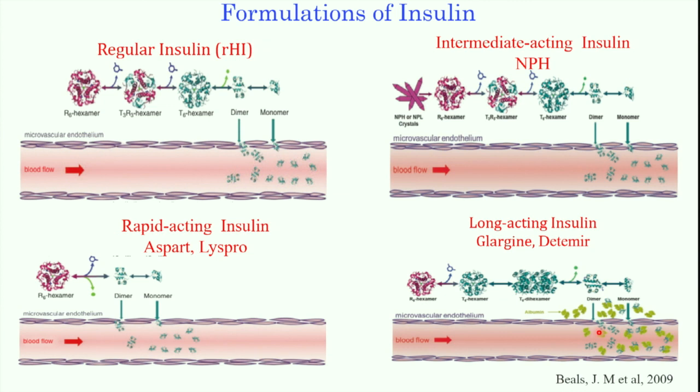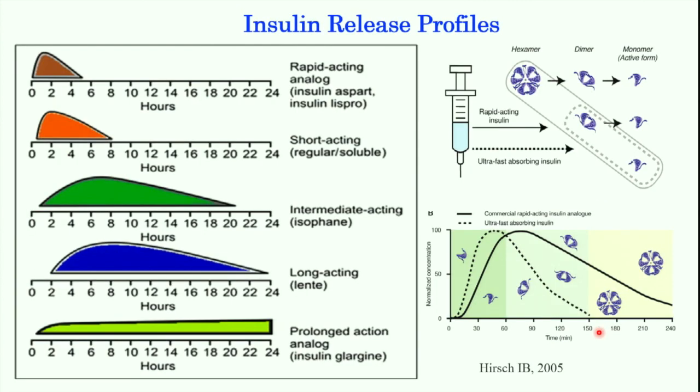So depending upon the requirement of a person, insulins are formulated differently, because upon formulation you have a different release profile. Like Aspart and Lispro actually pick up very fast and then they last for 4 to 6 hours, whereas prolonged acting insulin like glargine requires only a once a day dose, and therefore its action is very slow.